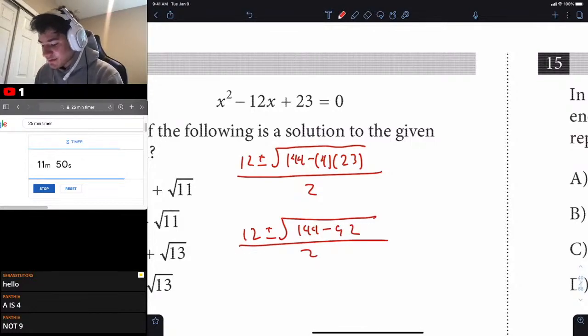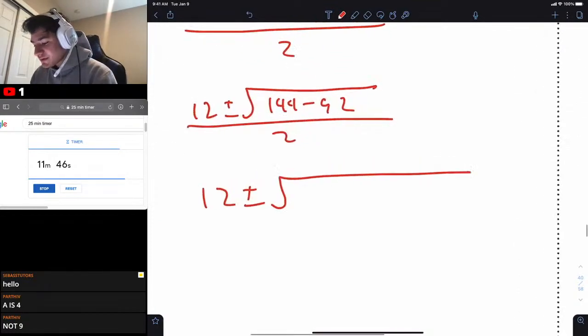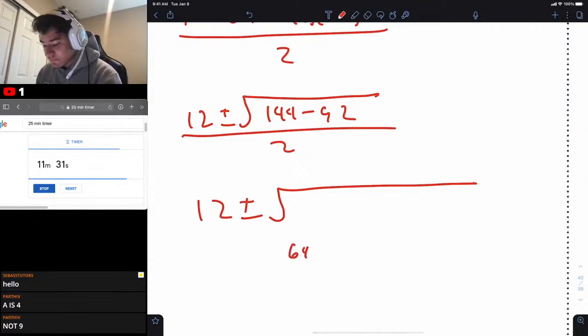Ugh, this is nasty. So we get 12 plus or minus the square root of, let's see, 144 minus 92, that's 52.